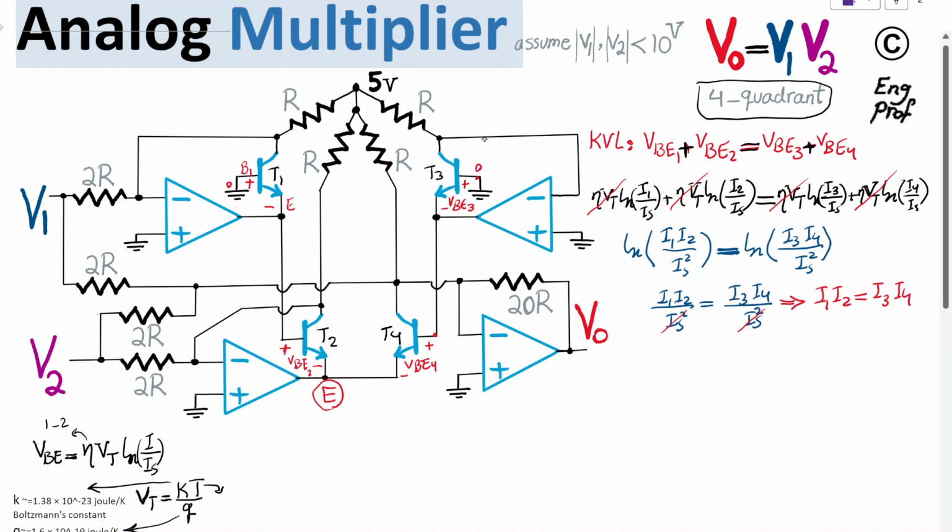And that makes life much easier because now I just need to substitute for these currents. So let's refer to this as equation 1. Okay, so I just need to find these currents. I1 is the collector current of transistor 1, so basically that is this current, I1.